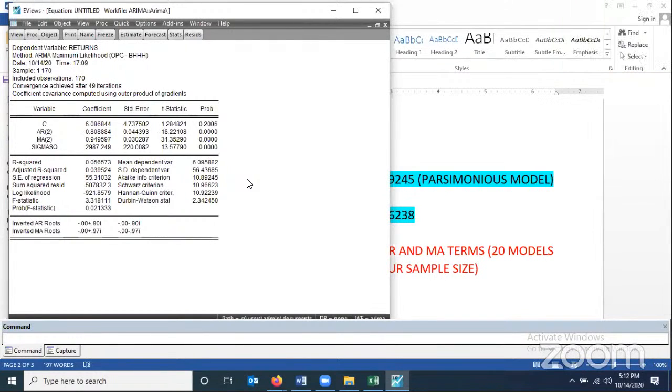ARIMA is ARIMA. This is a linear model. How many of you calculated beta in the CAPM model using simple regression?